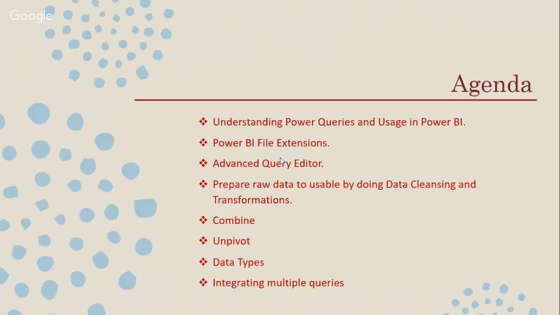Before all these things, we need to verify the data types of each column once we import into Power BI Desktop, so we will see how to change the data type of each column. The last topic is integrating multiple queries, which is when you have multiple tables that you need to join or append.